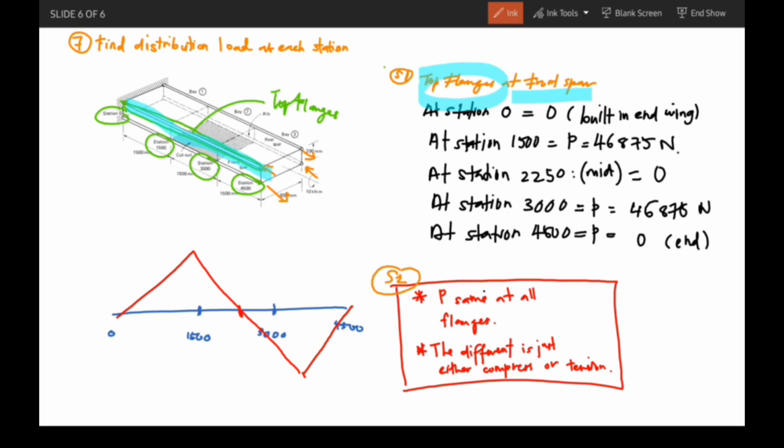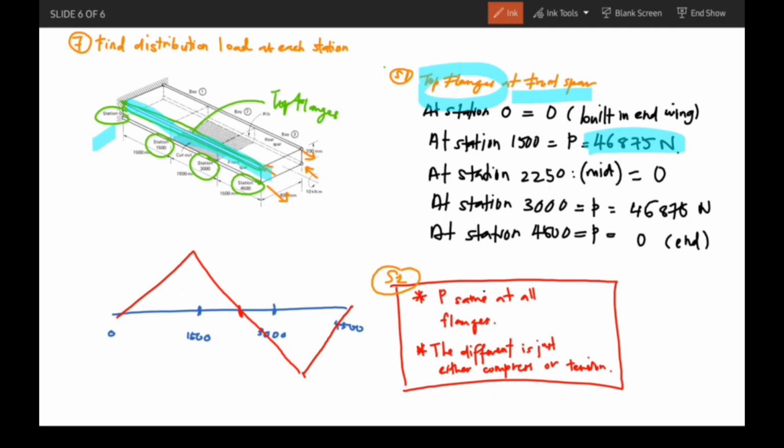At station 0, the load is 0 because it is fixed on the fuselage, and then at station 1500 is this value from the calculation we already calculated.